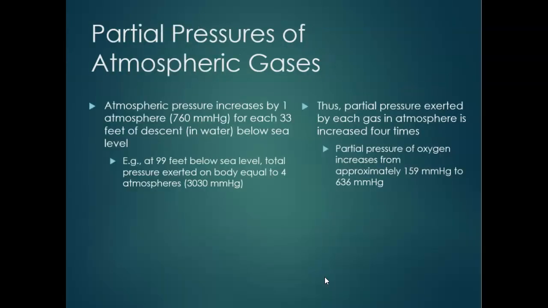Okay. So as we go below sea level, our barometric pressure increases. So for every 33 feet we descend in water or go below sea level, we are going to increase our atmospheric pressure by 1 atmosphere. So it's doubling essentially. So at 33 feet below sea level, the barometric pressure is going to be 760 times 2.